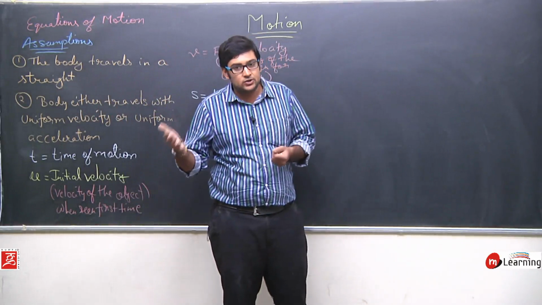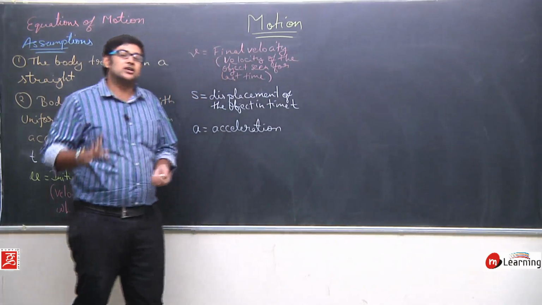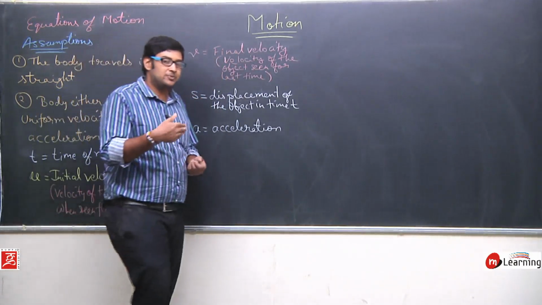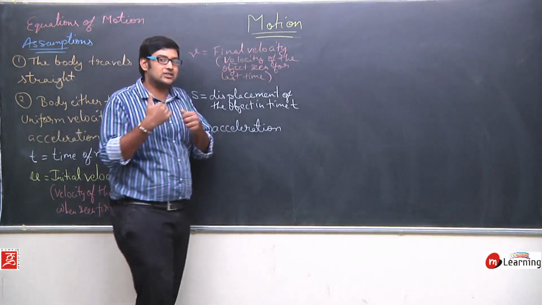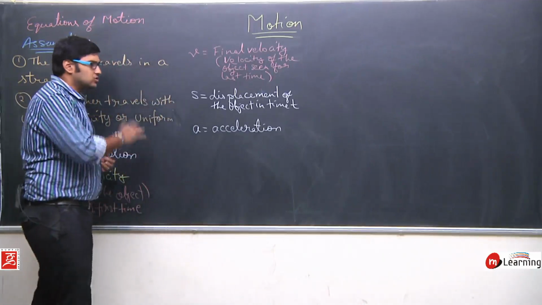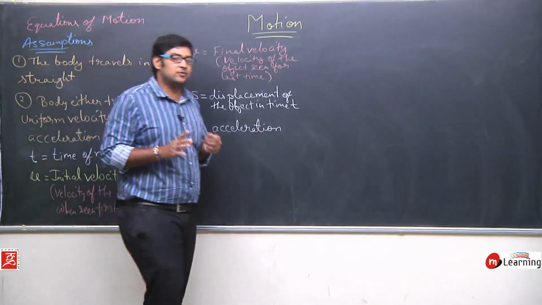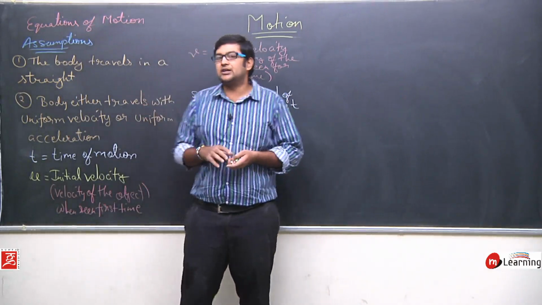If it is increasing, it should increase at a constant rate, but the acceleration will not change. Only the velocity will change by a uniform rate. So these are some assumptions that we will take before deriving the equations of motion.